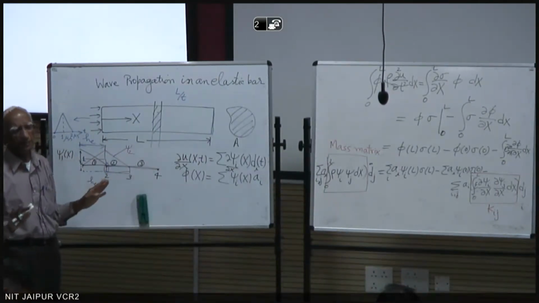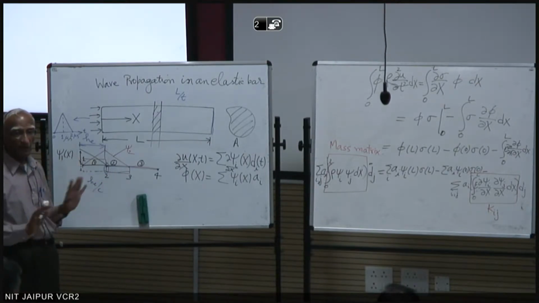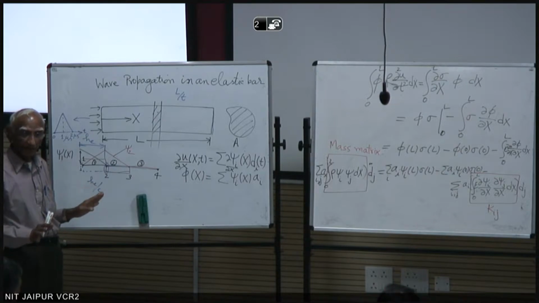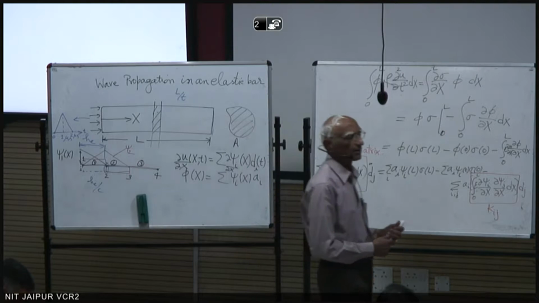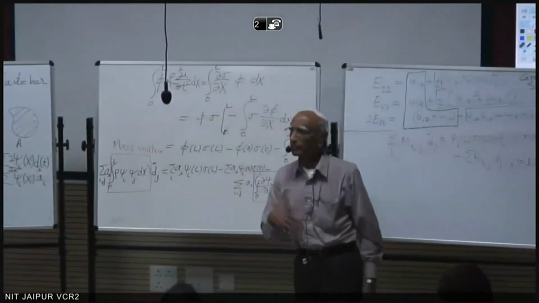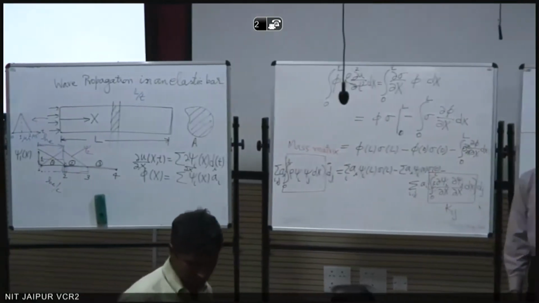But that does not happen in numerical work. Okay. So remember, we don't have any dissipation. It's an elastic system. So it's really a spring mass system, and in theory, it should keep on vibrating forever, or this pulse should keep on going back and forth forever.